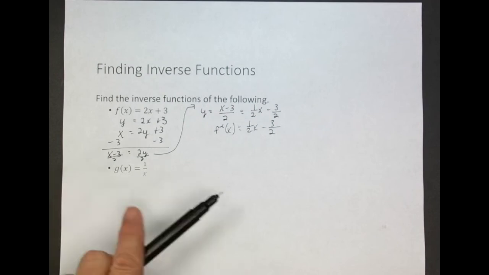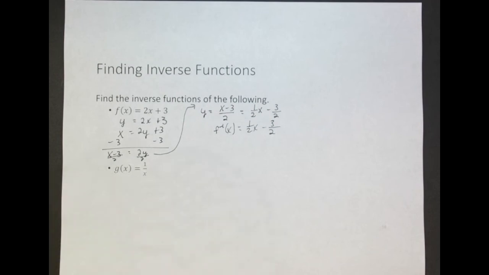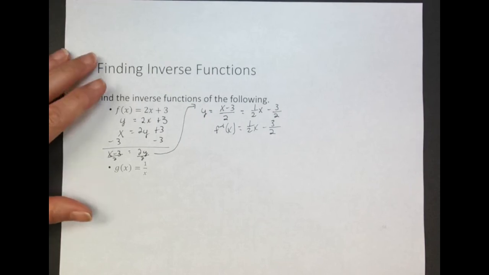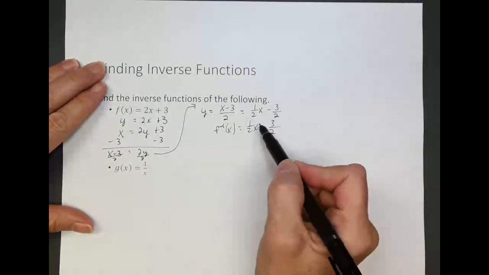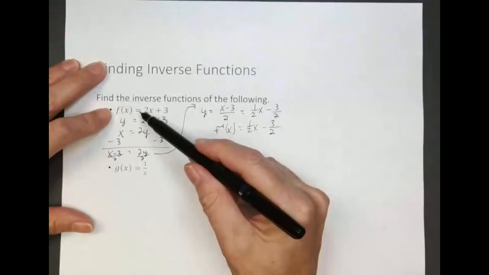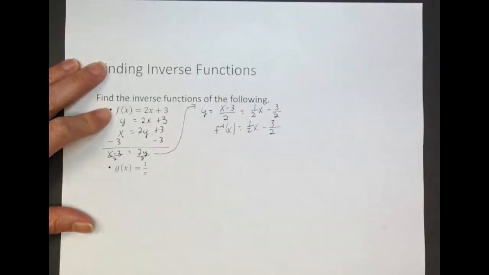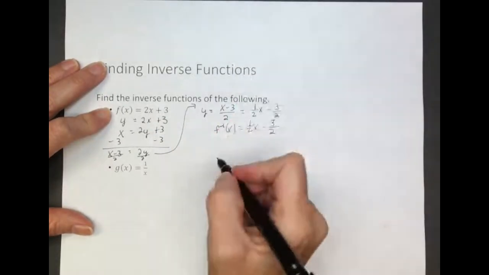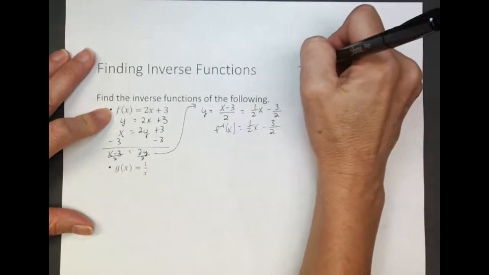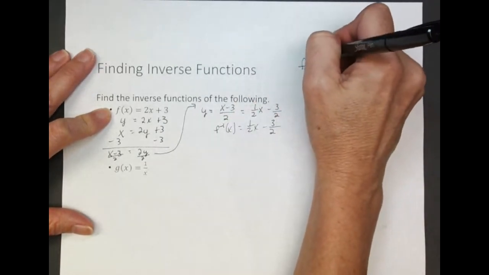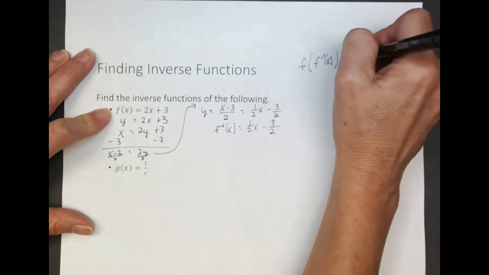Now, if I found the correct inverse here, or if I were to check my work, I can go ahead and compose this inverse into the function, and I should end up with x. So if it's true, f of its inverse, f inverse of x, would equal x.